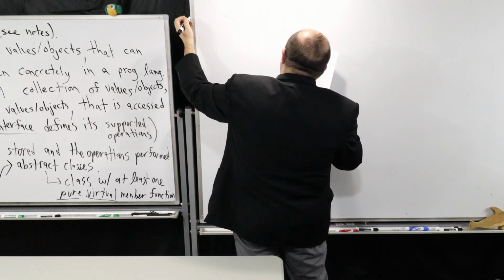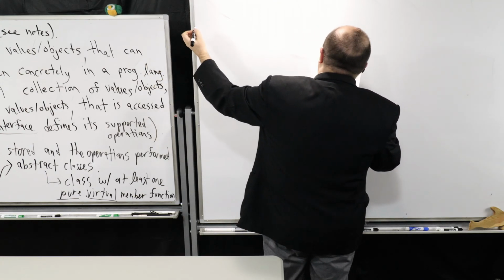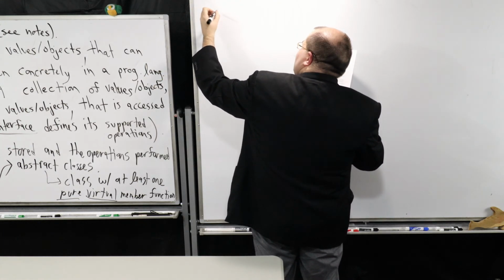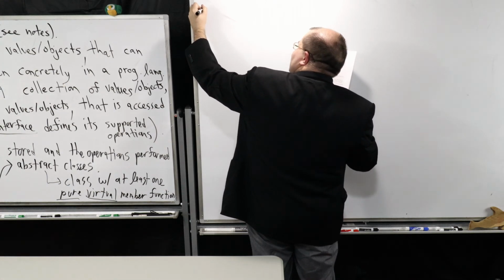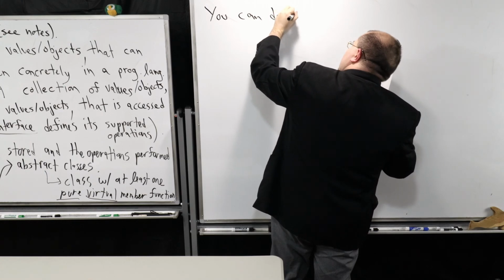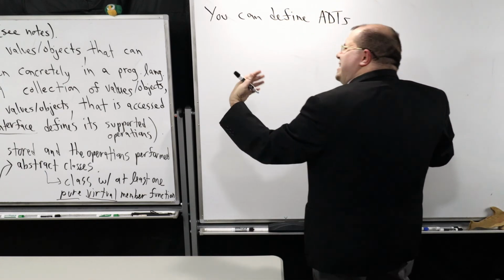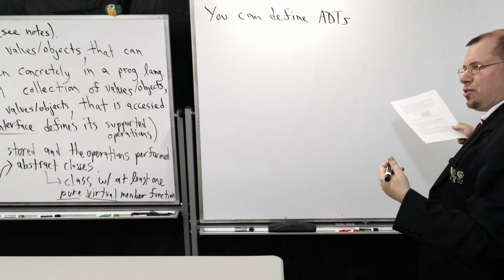We can define ADTs for all sorts of data structures that you're going to see in this class. You'll find that when you see an example of it, it gets a lot more concrete what we're doing.